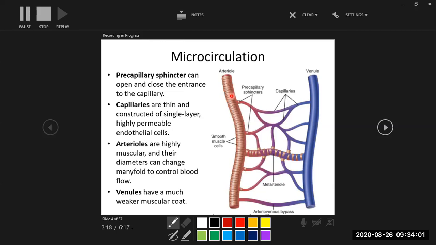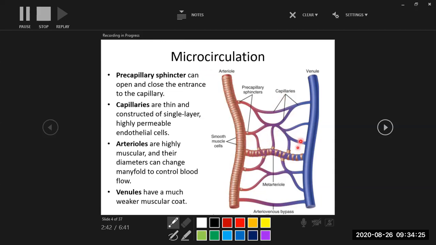The arteriole also contains smooth muscle, so the arteriole will also be relaxed. Altogether, this relaxation will open up the pipe and allow more blood to go into this network.